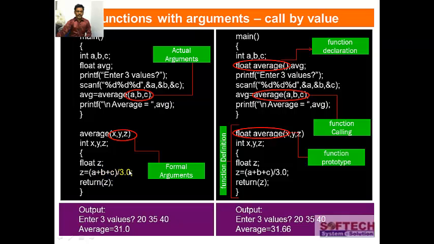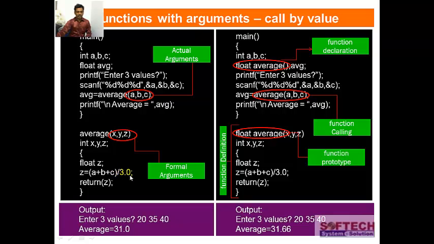So 95 divided by 3 is 31 point something, 31.66, sorry.